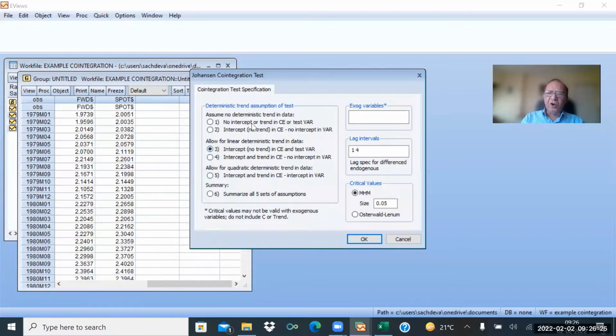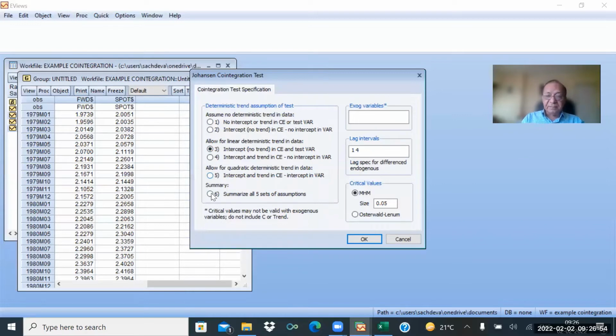The summary of all may also help us. What should we do? We can have no intercept, intercept with no trend, or intercept and trend. Trend means time. So those are the things which it asks you, and that decision you'll have to take.